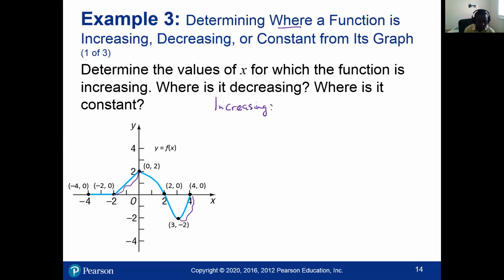Within this interval, it's from -2 to x equal to 0. And then, comma, also from 3, this point x is 3, to 4. So on these intervals, the function f is going uphill.